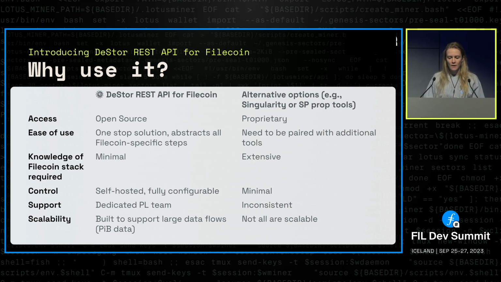And how it's different from, let's say, Singularity, another PL-grown tool, is that it could be S3 compatible, and it incorporates all of the steps into one piece of software. So you don't need to figure out how to retrieve your data. You don't need to integrate it with other solutions to make it a full flow. Unlike Singularity, for example, which doesn't have the retrieval piece.